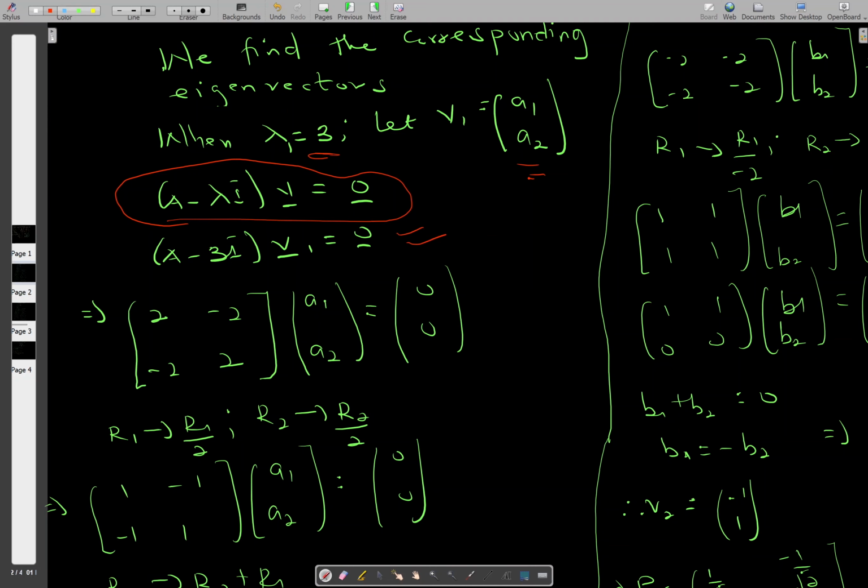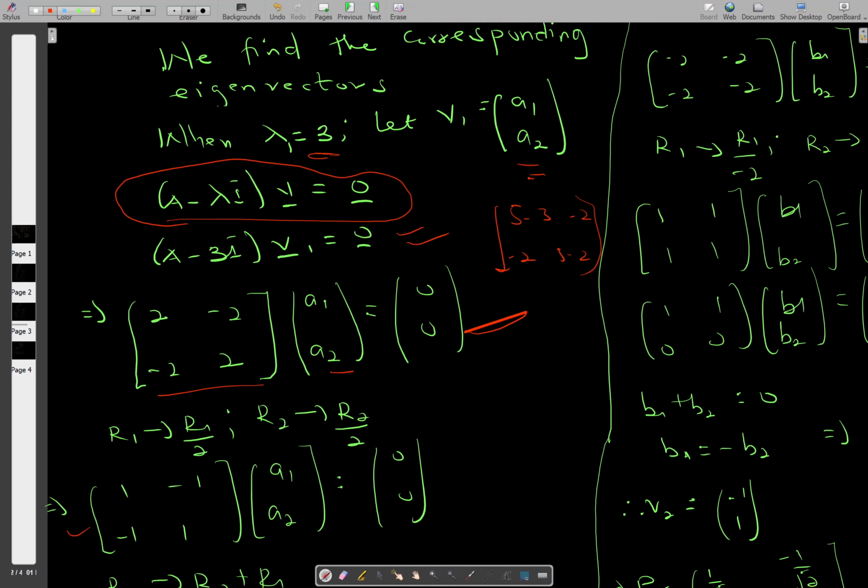So this is the same as subtracting 3 from the elements in the leading diagonals. You see we had A to be 5, so this will be 5 minus 3, -2, -2, then 5 minus 3. So we have (a1, a2), then we have the 0 vector. So we divide each row by 2. When you do that, we get this.